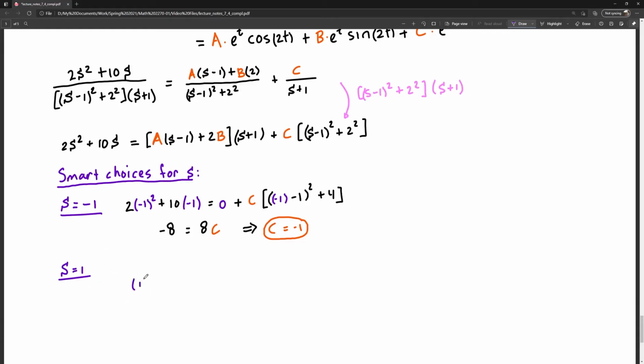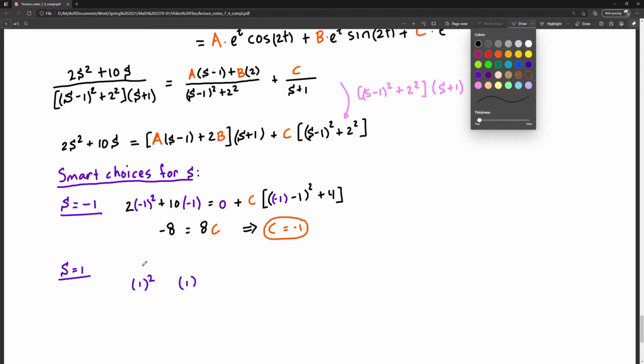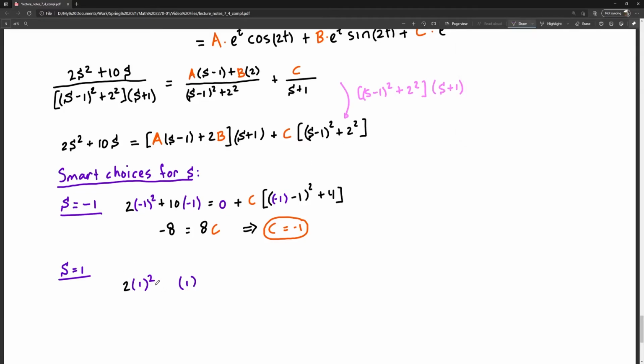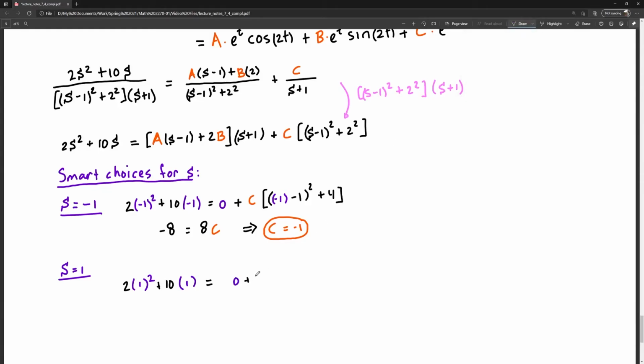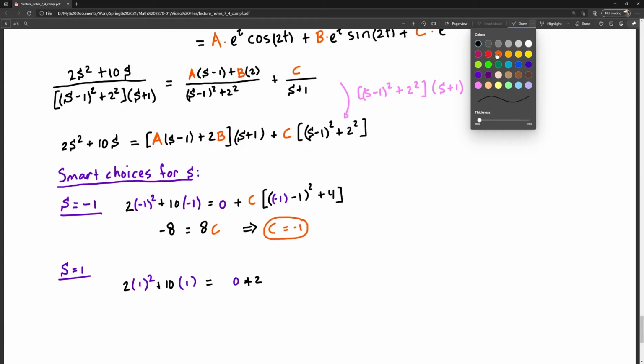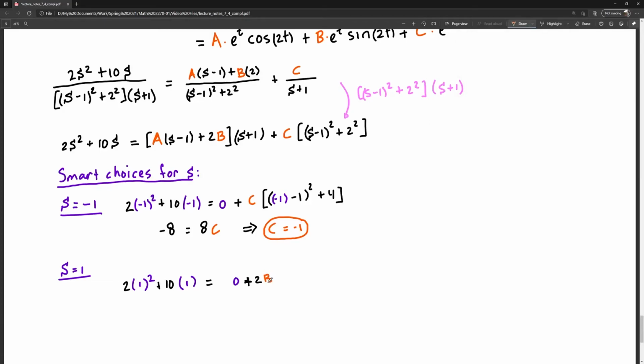So when we plug in 1, we get, on the left-hand side, 2 times 1 squared plus 10 times 1 equals, and now this part disappears, and so we get 0 plus 2b, right?